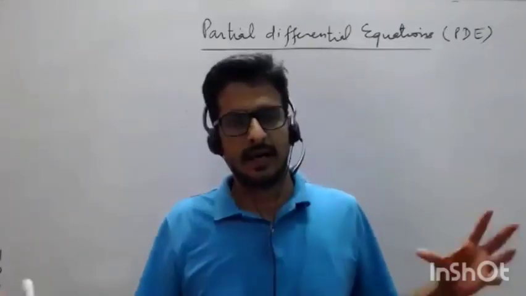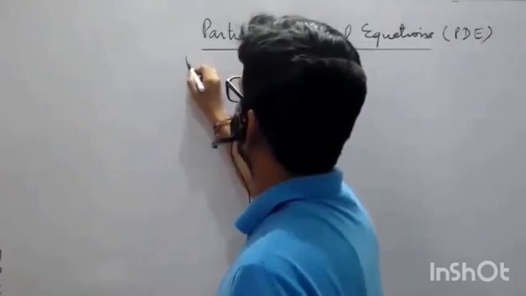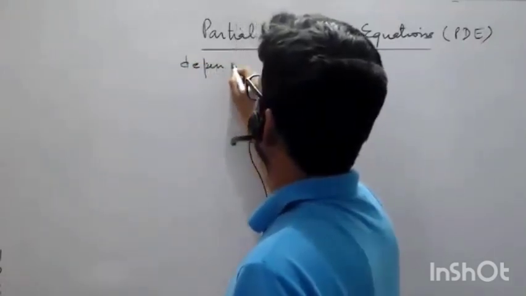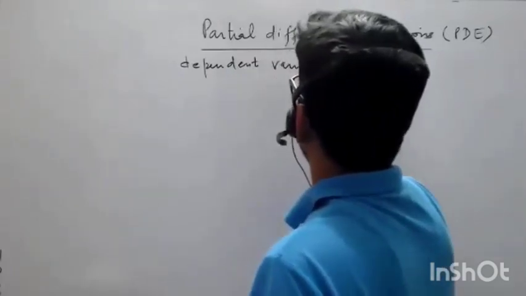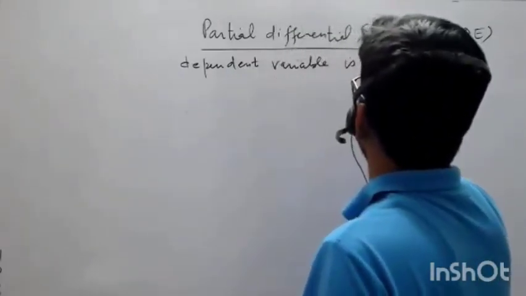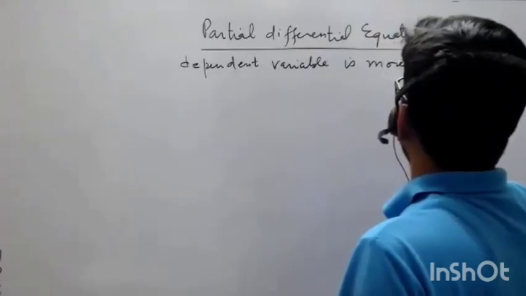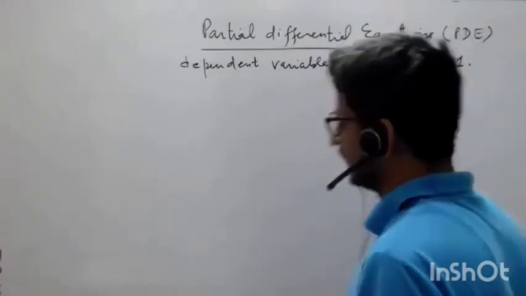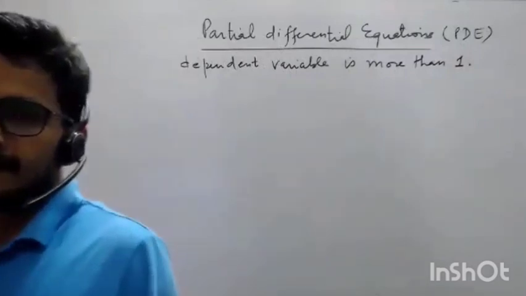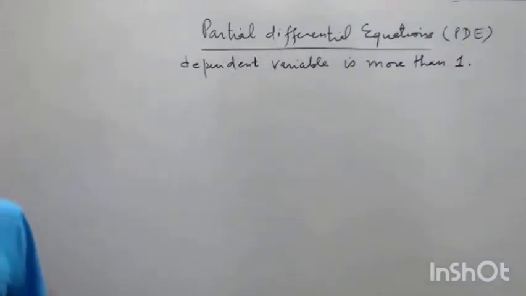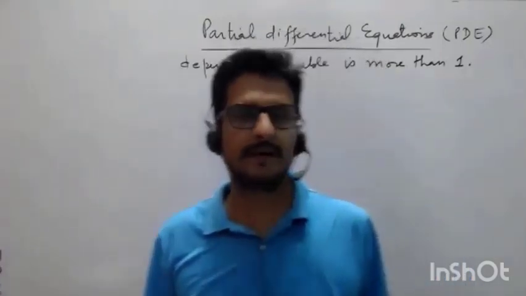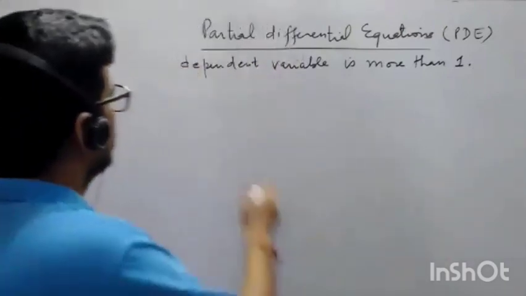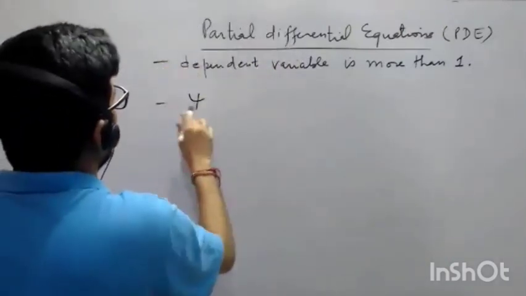And then when the dependent variable is more than one, it may be two, it may be three. So the dependent variable is more than one. And most of the time, your independent variable will be depending on more than one function.